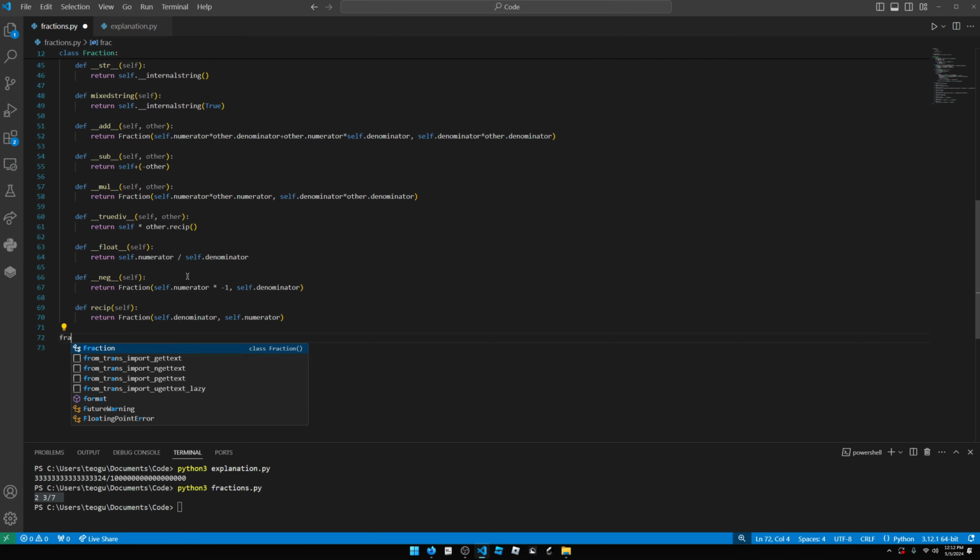Yeah, so I can make a fraction. Oh yeah, let me show you this simplification.